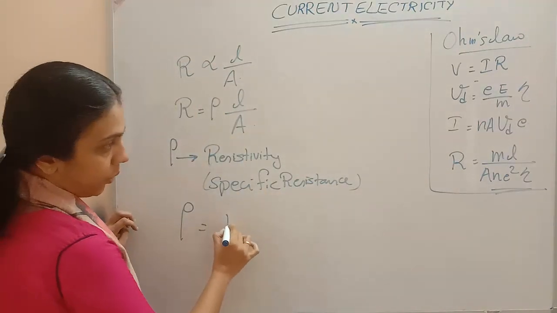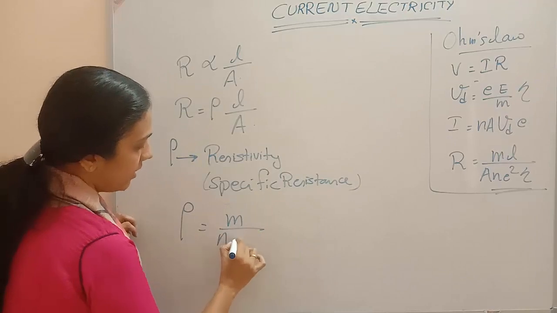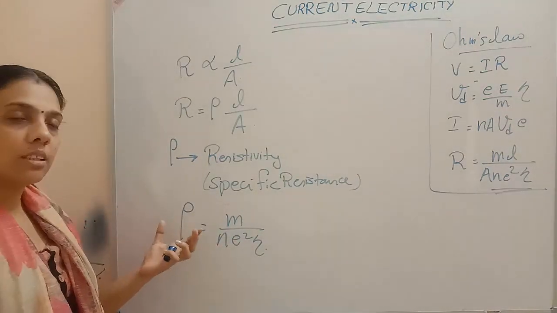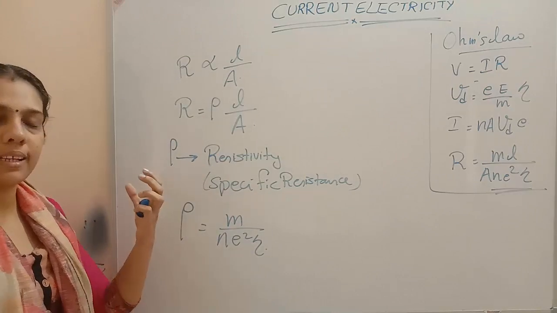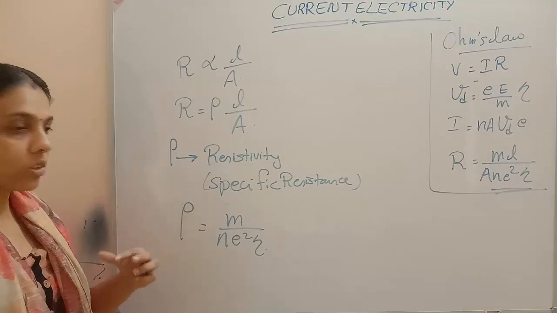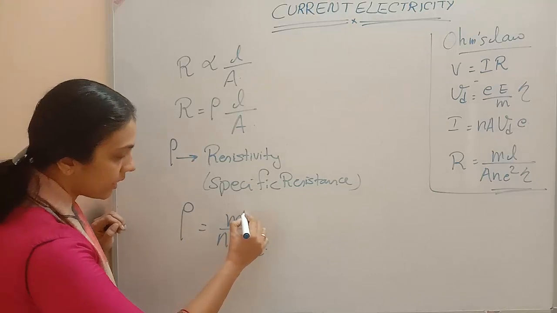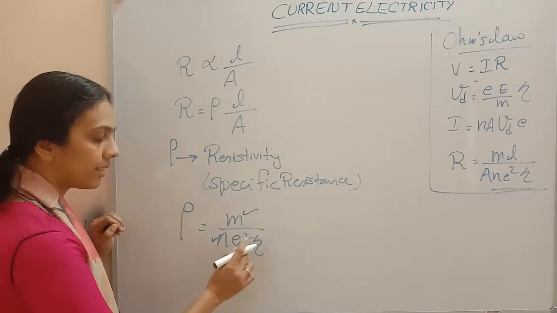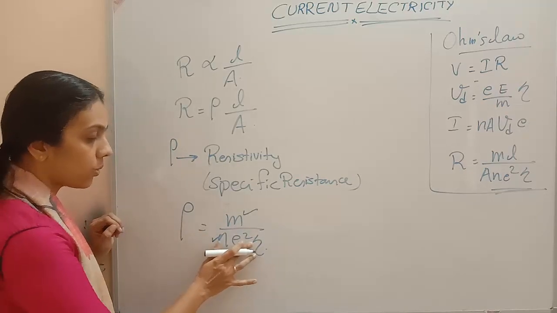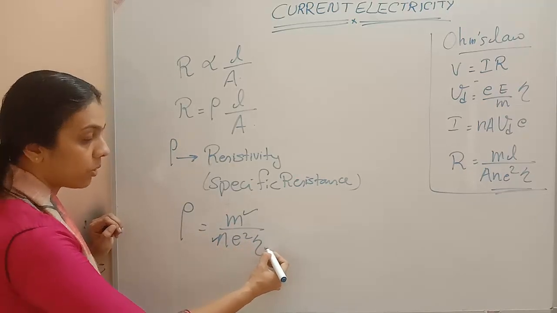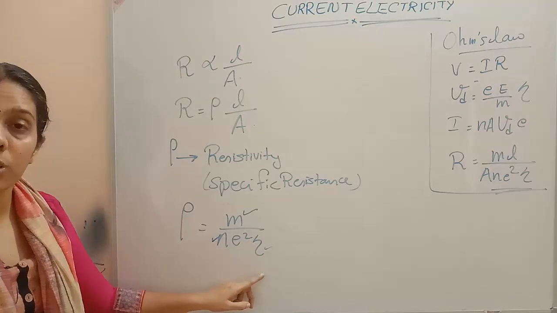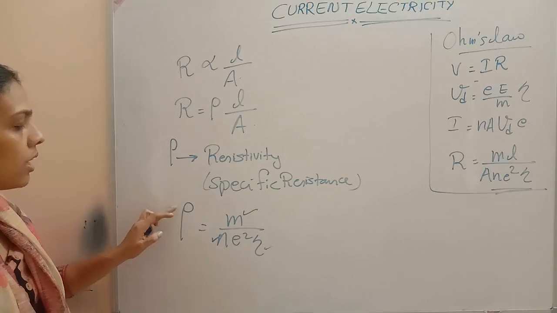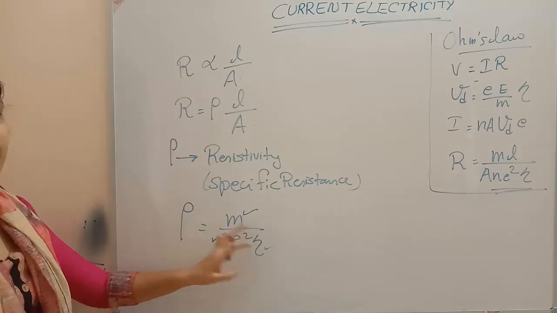Rho will be equal to m by ne²τ. As we said yesterday, here specific resistance or resistivity depends on m, it depends on n, and it depends on e, the charge of the electron, which is constant, so no need to say about this one, and it depends on the relaxation time also. Okay, rho equals m by ne²τ.